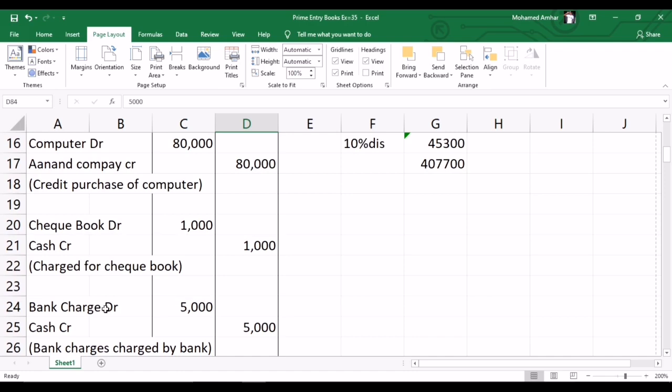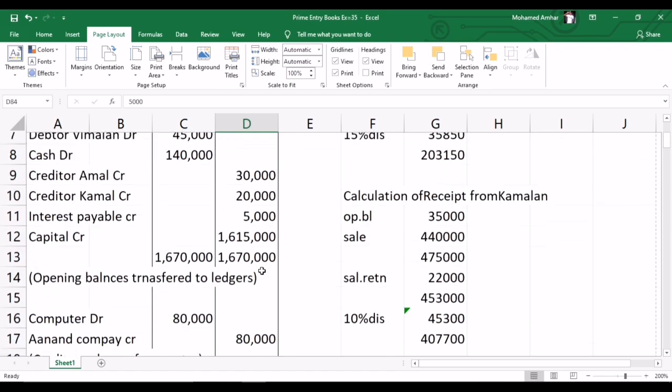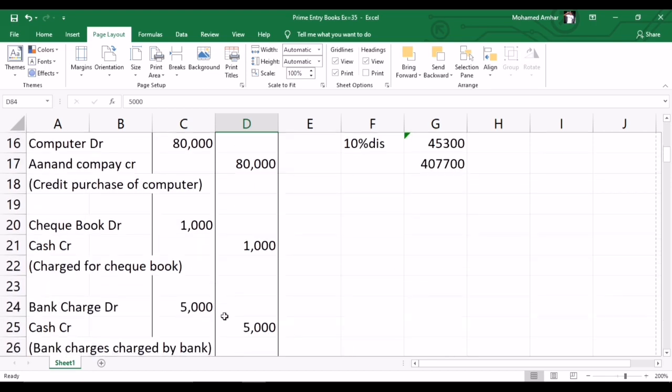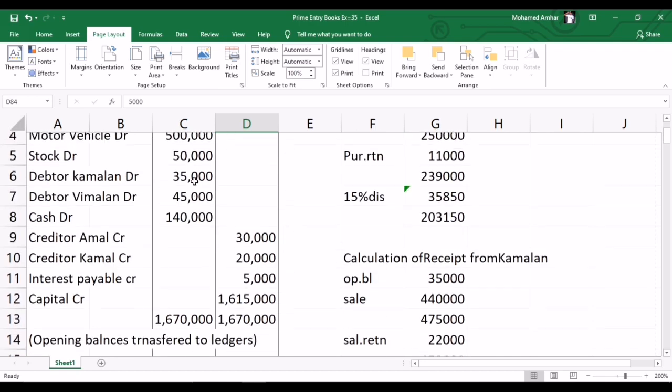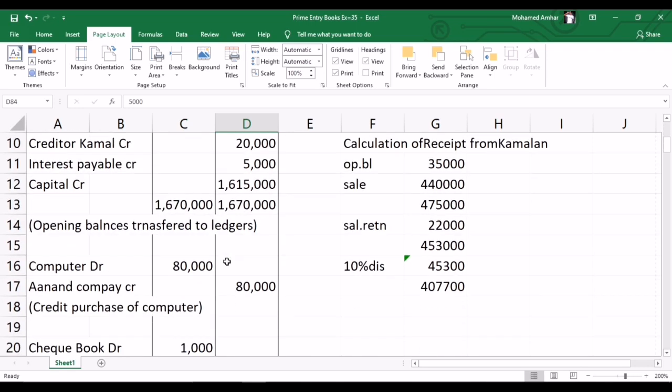Sorry, the bank charge debit, cash account credit is already recorded in the general journal. After recording in the general journal, we should transfer to ledgers. Right, now we have transferred all the entries recorded in the general journal to the ledgers.